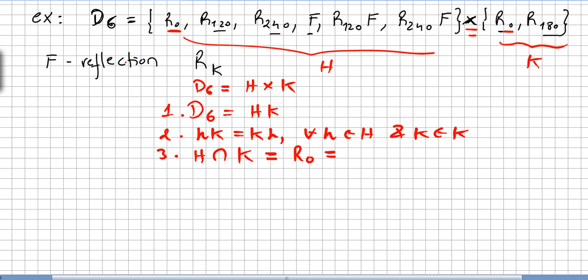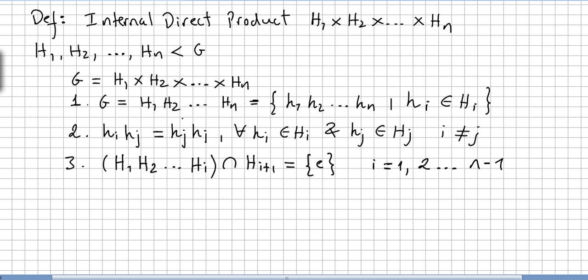And rotation 0 in D6 is the identity. So yes, this is an internal direct product. Okay, so this is a definition.